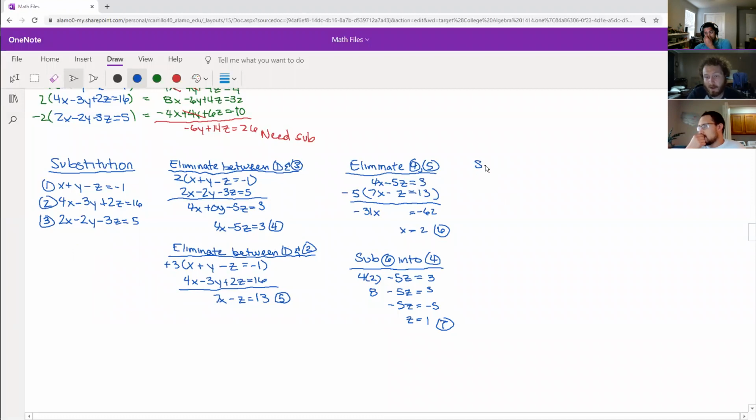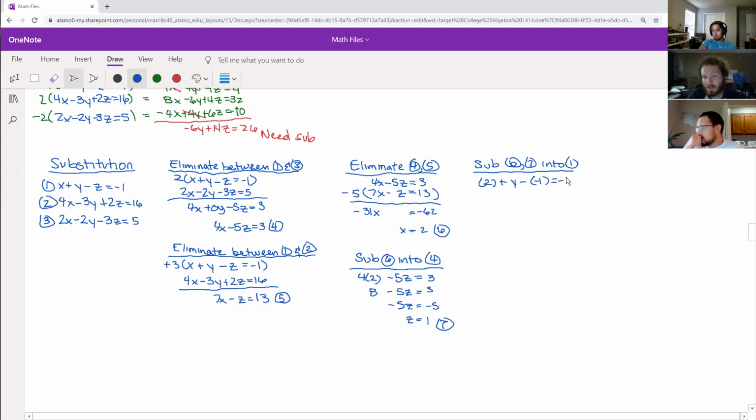So let's just pick one because that's easy. Let's sub into 1. That's the easiest. So x is equal to 2 plus y minus z is equal to 1.